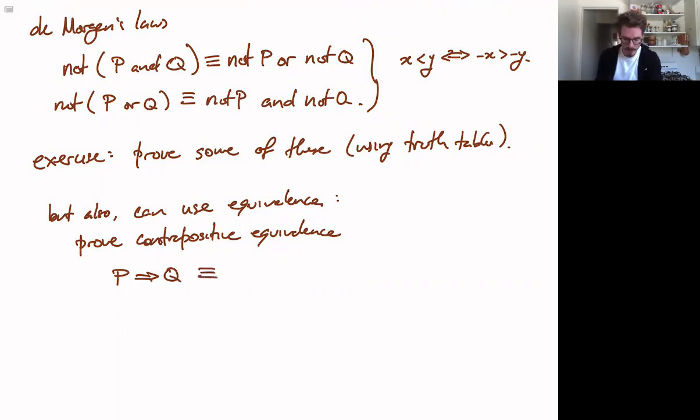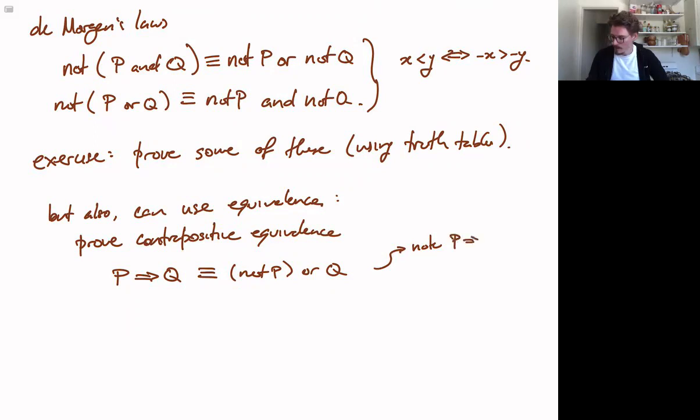So P implies Q is equivalent to not P, or Q. This is something that you can sit down and work out if you want, but basically, what I'm going to say amounts to observing it from the truth tables.